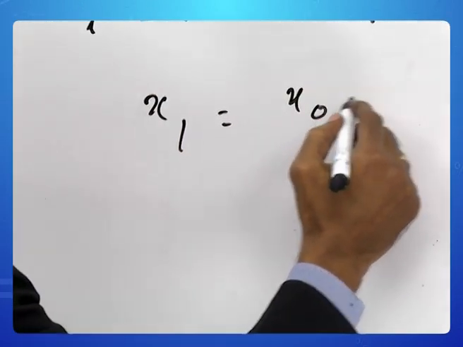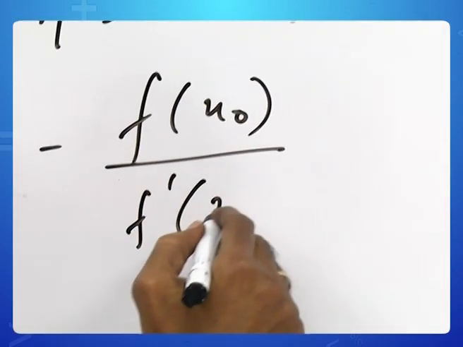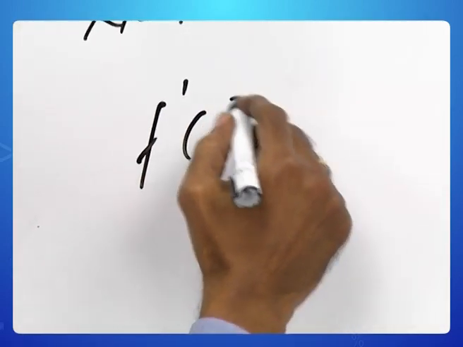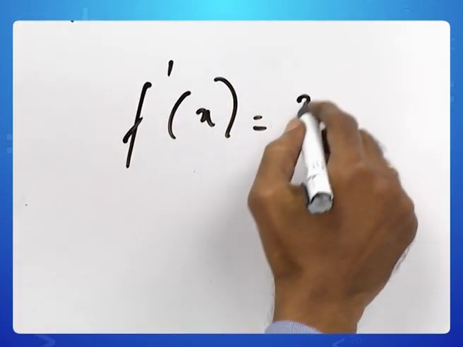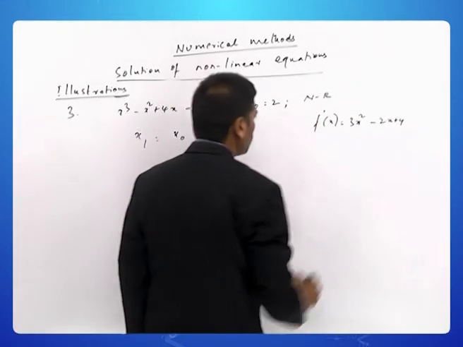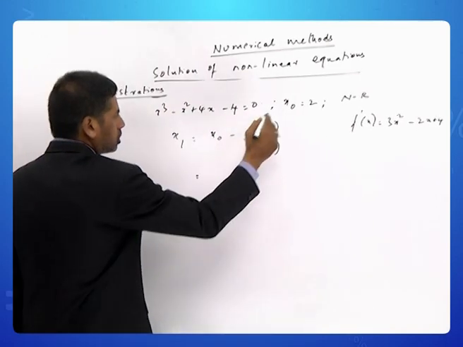So the formula is x0 minus f(x0) by f dash (x0). F dash x for this problem will be 3x squared minus 2x plus 4. x naught is 2.